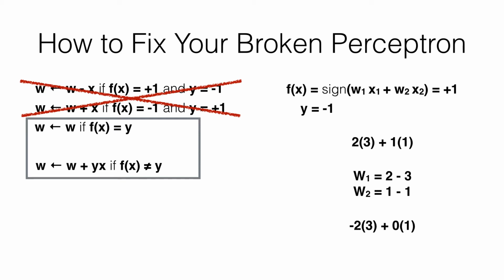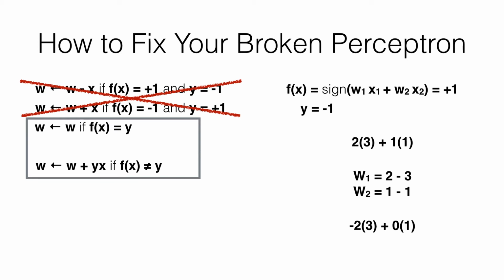Sometimes you just improve or reduce how far off you were, but you don't necessarily get the right answer. And sometimes you also get situations where you adjust your weights and it actually hurts you because you've over-adjusted your weights. Now the good news is that Perceptron is guaranteed to eventually find weights that satisfy all of your data, provided your data is actually able to be separated by a linear classifier, right?